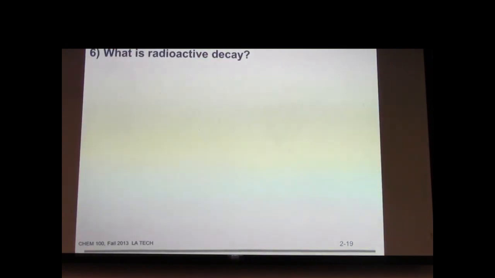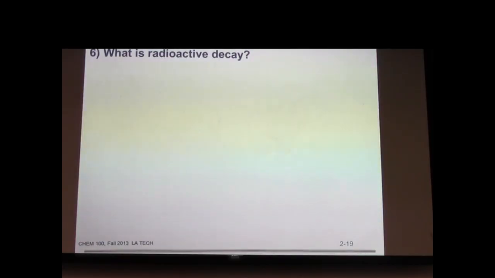Now, one thing about this is radioactivity was a curious phenomenon. Nobody knew what radioactivity was at that time. They knew elements were being changed, decaying. What is radioactive decay? There are three ways an element can decay. One is alpha radiation. Alpha is a helium nucleus that can come out of the nucleus.